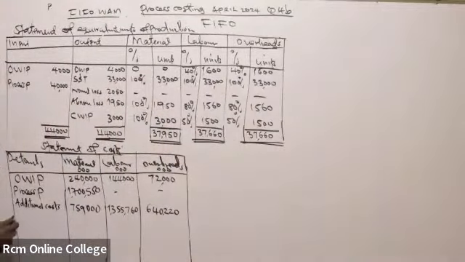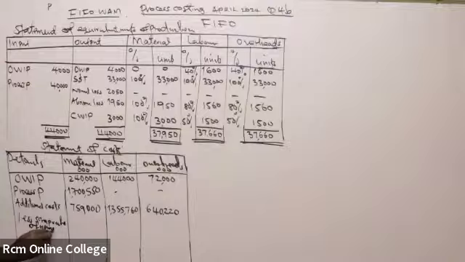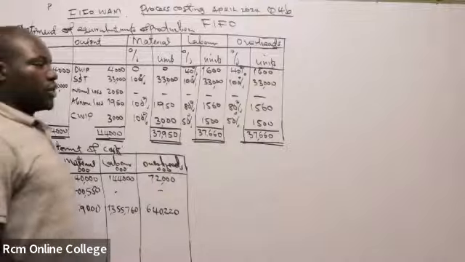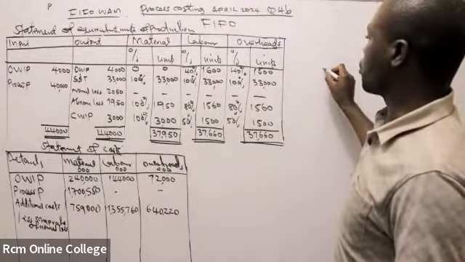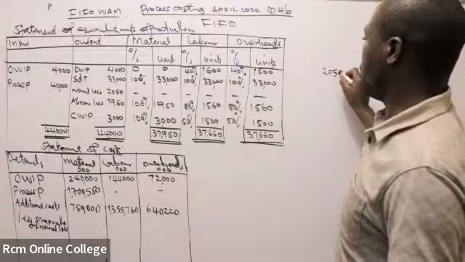So you come here and say less scrap value of normal loss. What was our normal loss in terms of quantity? Our normal loss was 2050 units.